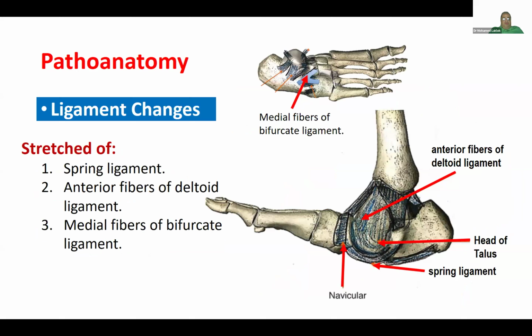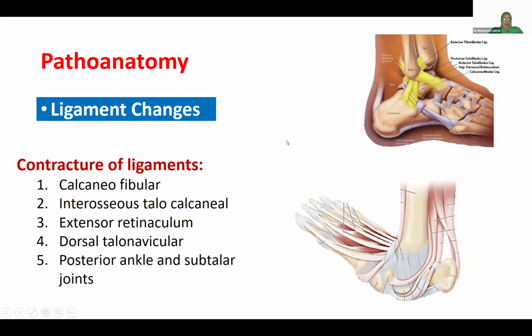For the abnormal pathoanatomy in the ligaments, there is stretching of the spring ligament, the anterior fibers of the deltoid ligament, and the medial fibers of the bifurcate ligament. There is contracture of the calcaneofibular ligament, interosseous talocalcaneal ligament, extensor retinaculum, dorsal navicular ligament, and the posterior ankle and subtalar joint.